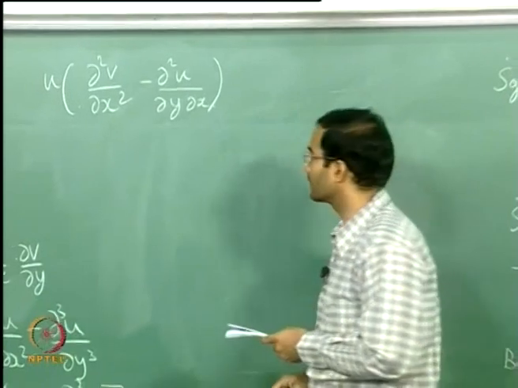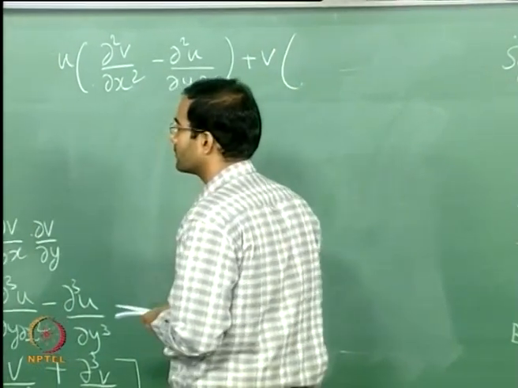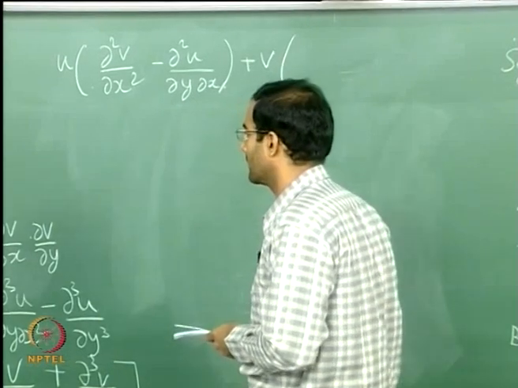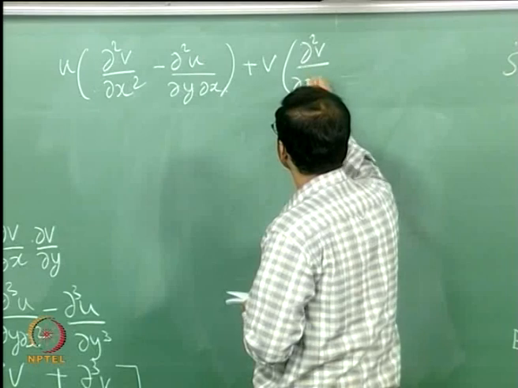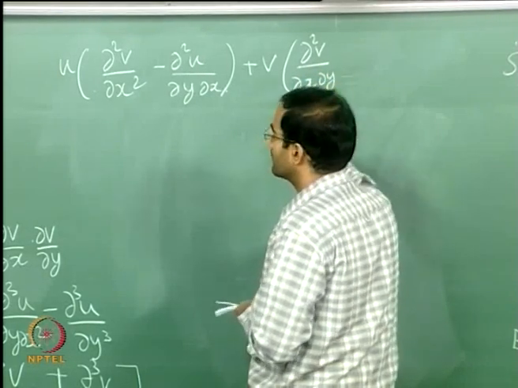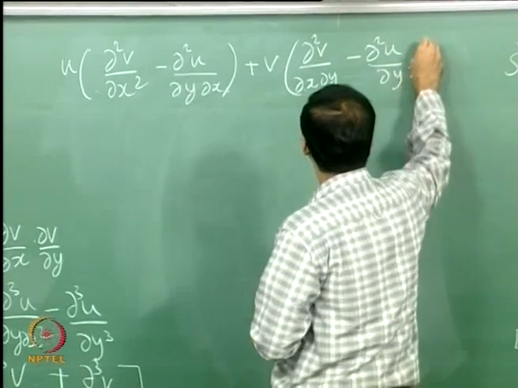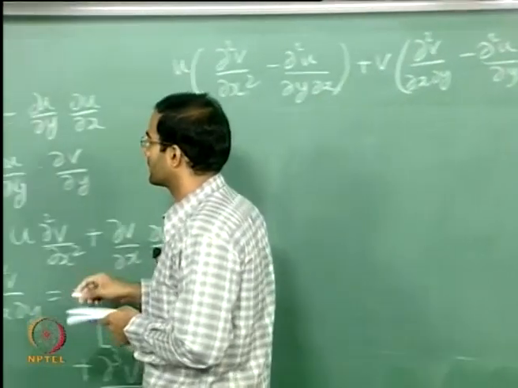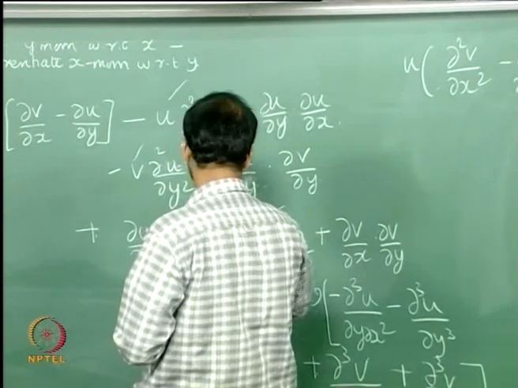Okay, so again plus v, now you have to tell me which terms I can group. Dou square v by dou x dou y minus, alright. So we have somehow 1, 2, 3, 4, okay.